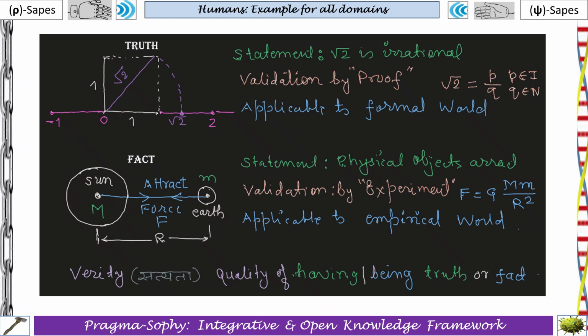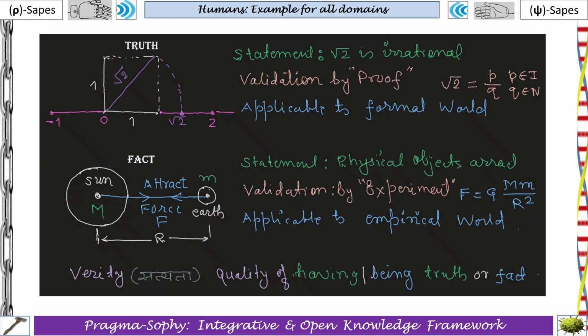This formula allows us to predict and explain the gravitational attraction between any 2 points. This approach is applicable to the empirical world, where observations and measurable data are key.